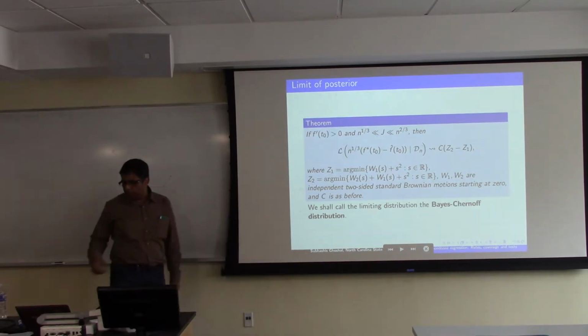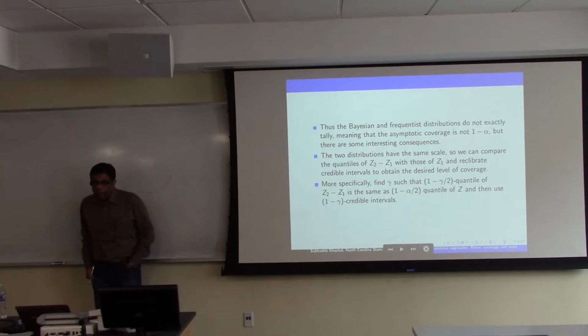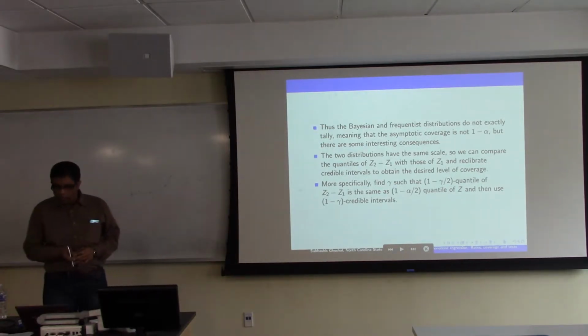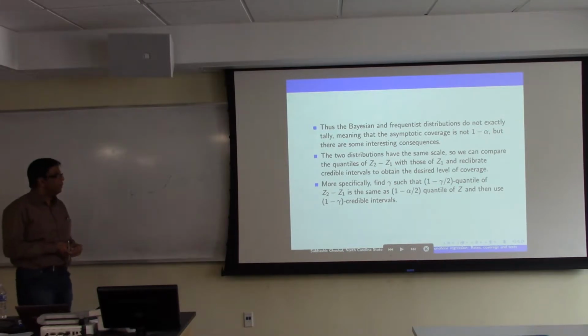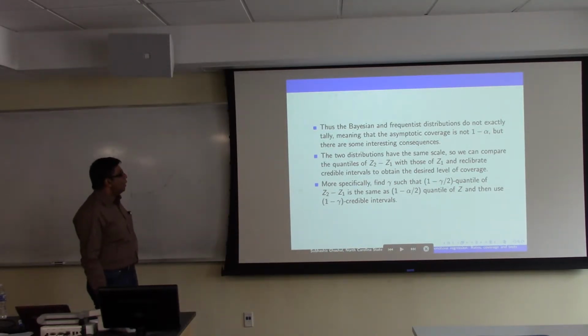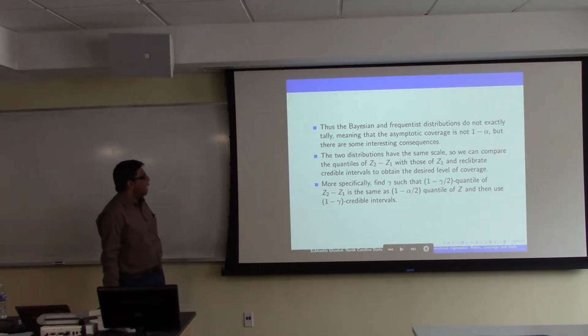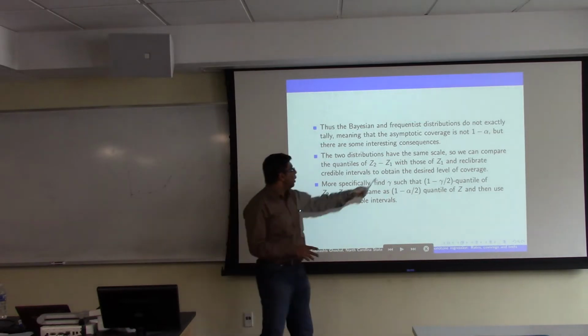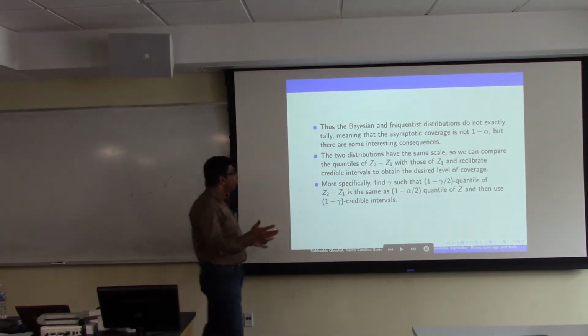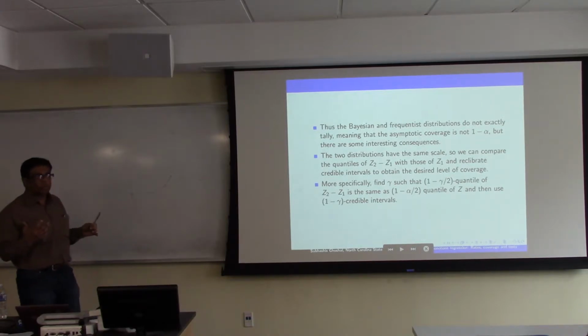So what we find is that the limit is not the same as the one for the MLE, which means that the asymptotic coverage is not 1 minus alpha. But then there is some interesting twist in it. The two have the same scale, and Z1 or Z2 minus Z1 don't have any parameters, so their quantiles are completely known to us.